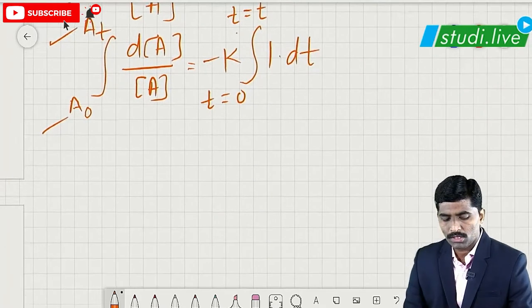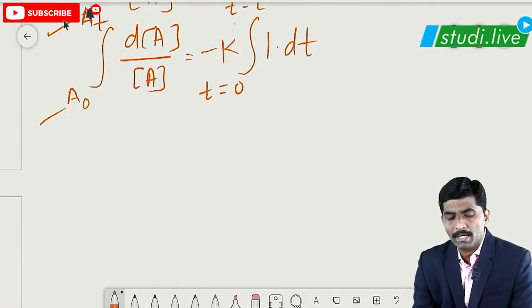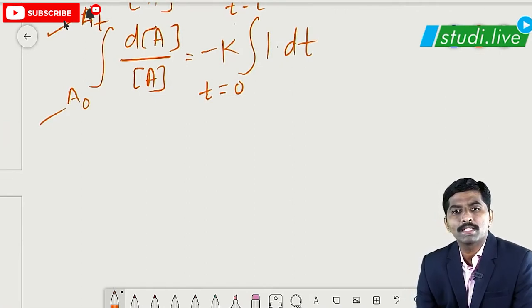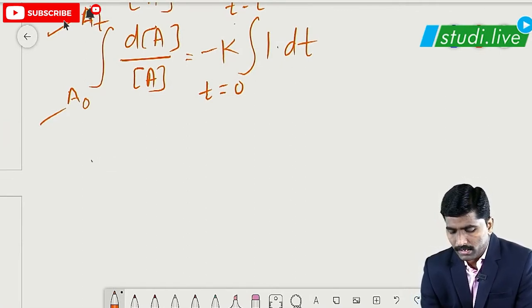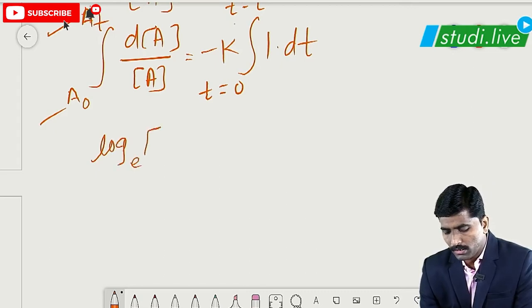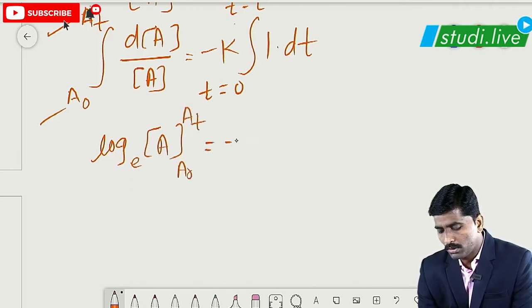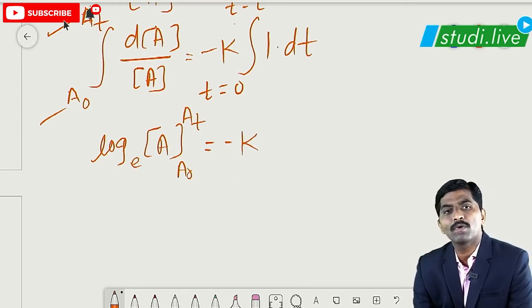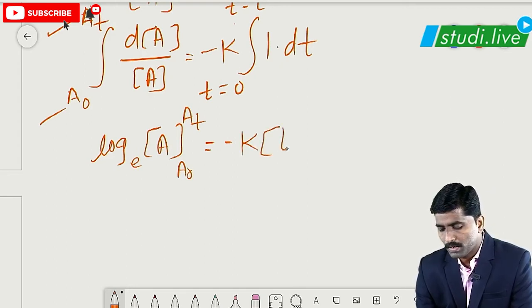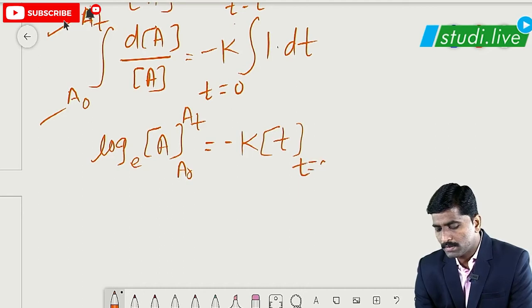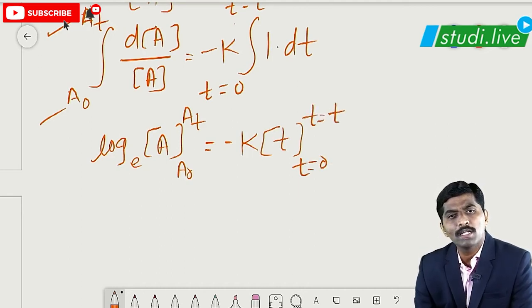Now, what are these forms? dA by A is nothing but 1 by x into dx. Its integral will come out as log to the base e of A between limits A0 and At, which is equal to minus k, integral of 1 into dt is simply t with the limits t equals 0 and t equals t. Now we will substitute these limits.